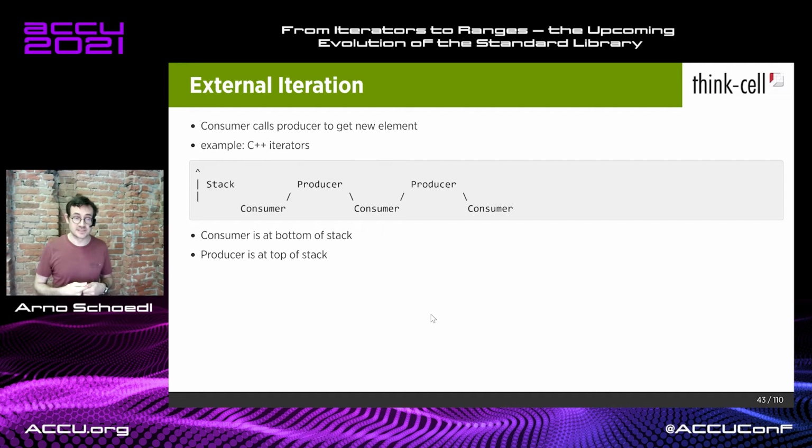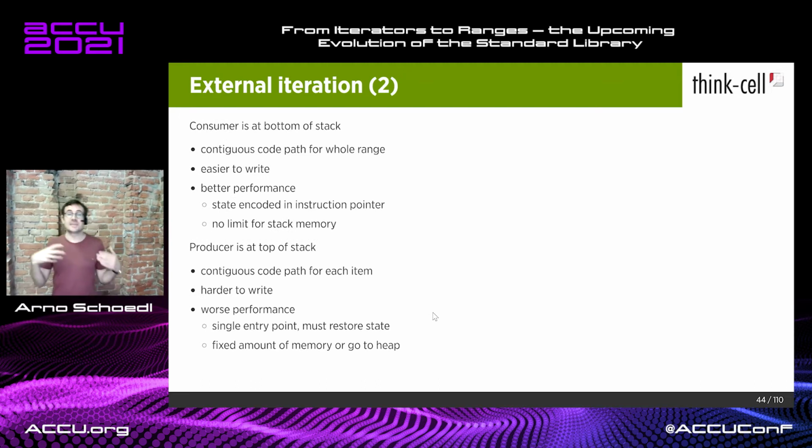So the consumer is at the bottom of the stack, and the producer is at the top of the stack. Now, being at the bottom of the stack is great, because you have a contiguous code path for your whole range.